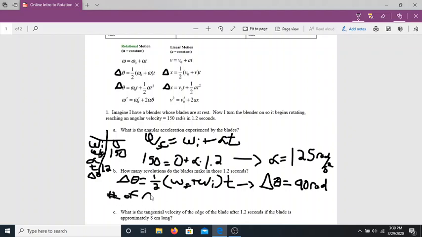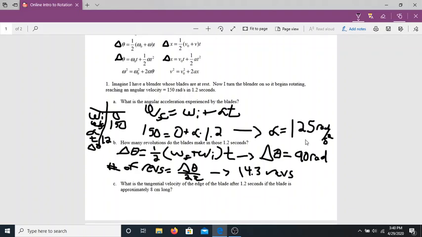The number of revs equals delta theta divided by the amount of radians in one revolution, so divided by 2 pi. The number of revolutions is 90 divided by 2 pi, which gives 14.3 revolutions. We're going to find out in a little bit why that's a particularly useful calculation, because it's going to make our lives very easy for certain calculations, maybe when we're trying to figure out how far something travels while it's rolling.